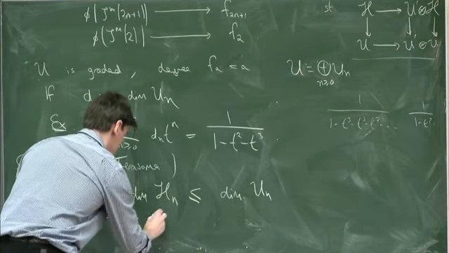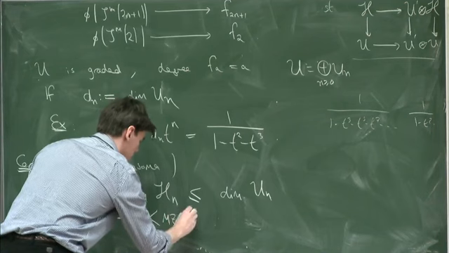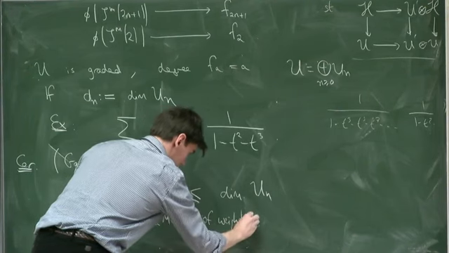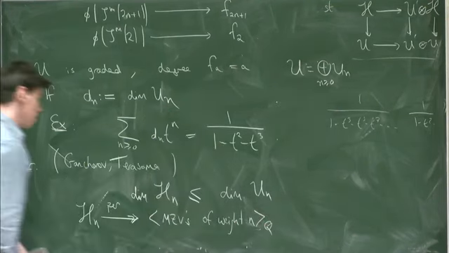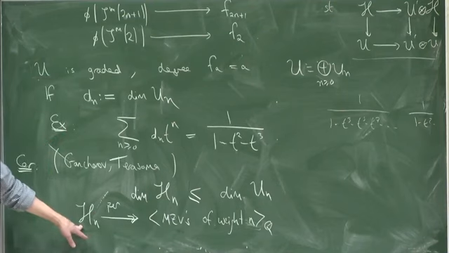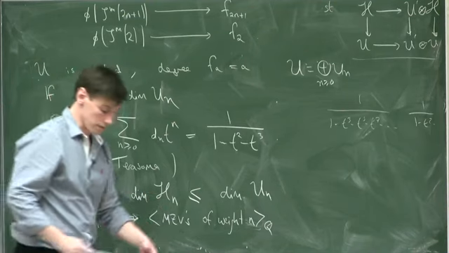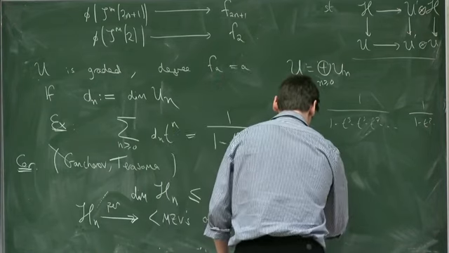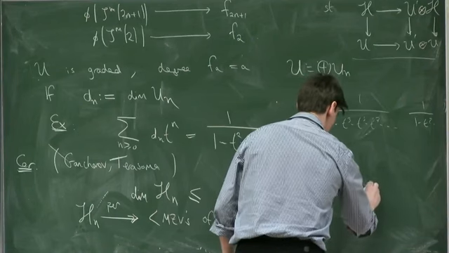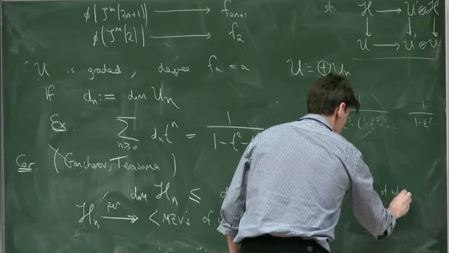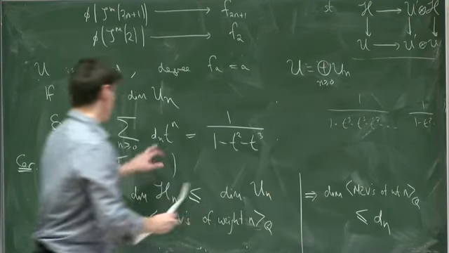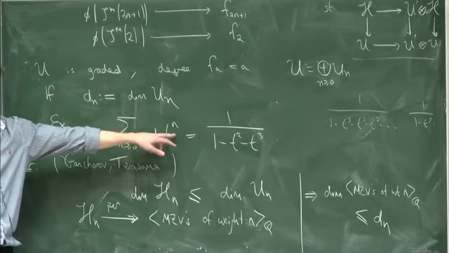So we get a surjective map to the Q vector space spanned by multiple zeta values of weight n. In particular, the dimension of this space over Q is less than the dimension of that, so the dimension of the space of multiple zeta values of weight n over Q is at most this integer d_n defined by this generating series.